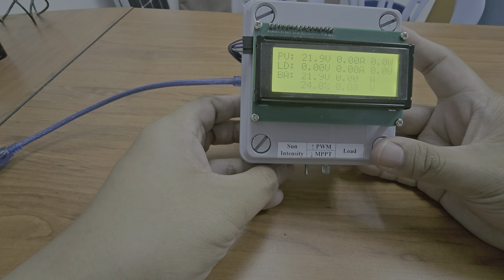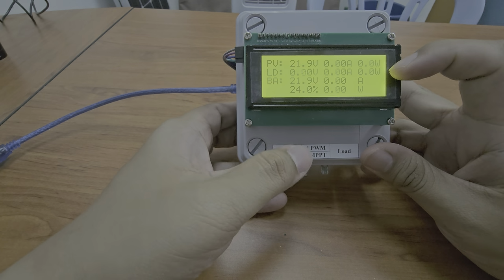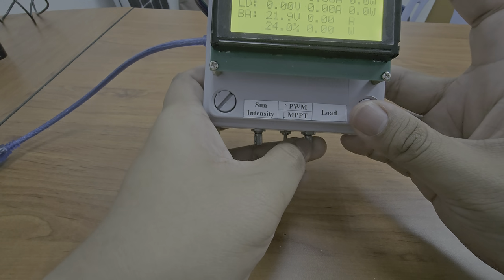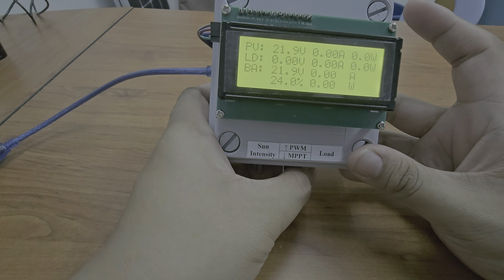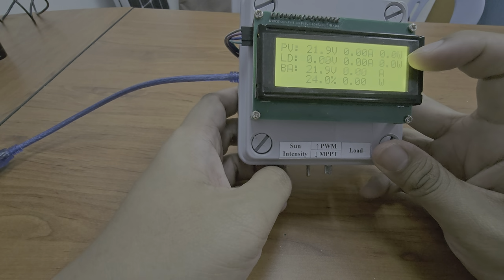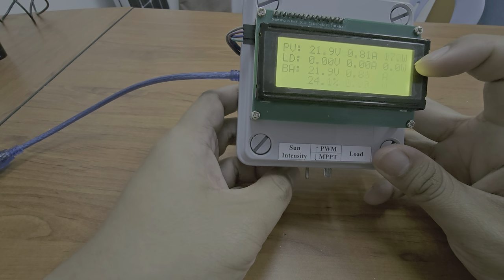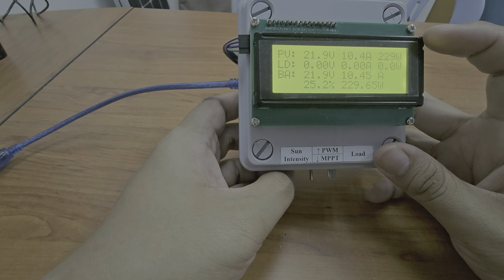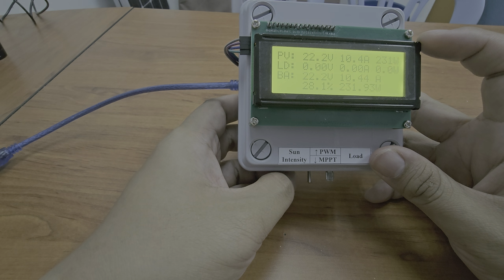So you can see here the load still cannot be used. I turn on the load, nothing happened. As long as it doesn't achieve the reconnect voltage, or in this case reconnect SOC, it will not work. So you have to charge the battery first before the load can use the battery and the PV.